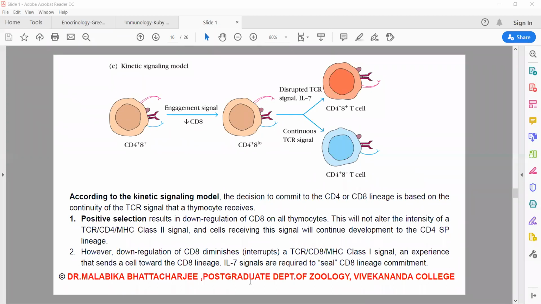This model was proposed by Alfred Singer and his colleagues. And this model is a bit critical model. What did they propose?